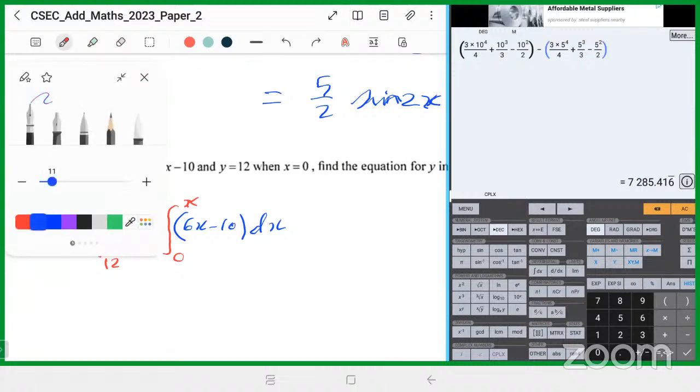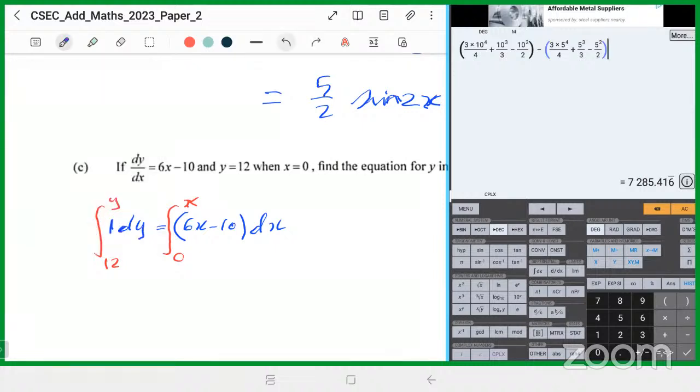So I'm going to integrate this side. When I integrate the 1, I get y between y and 12 equals, when I integrate this side, I'm going to get 6x squared over 2, which works out to 3x squared, right?